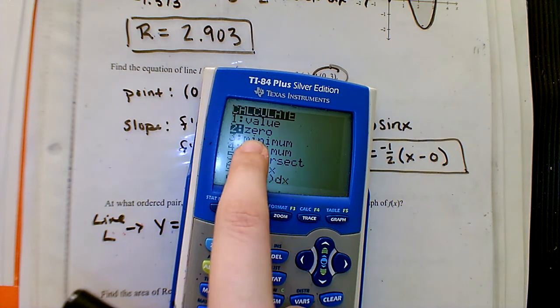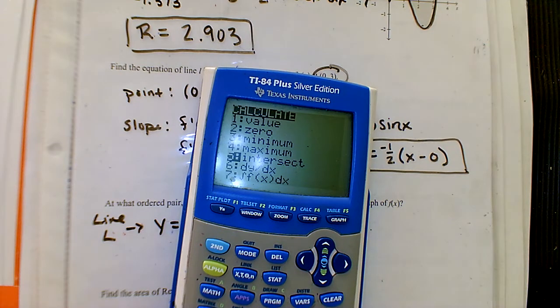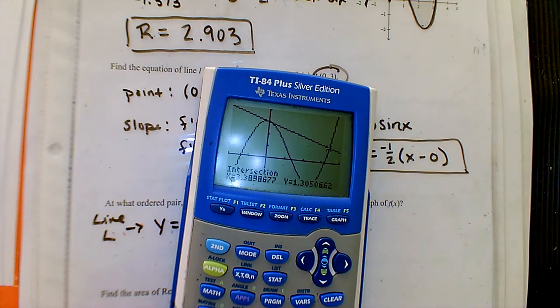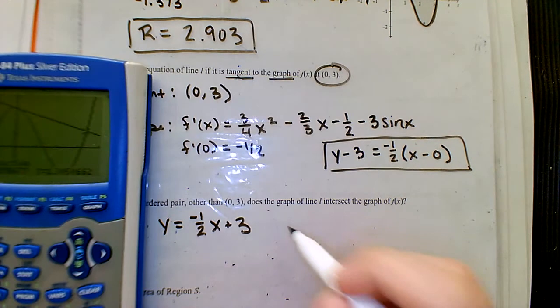Okay, so the same menu where we used the zero function option before, but notice how option 5 says intersect. So we'll go ahead and choose that one. And we're going to move the cursor to where we think the intersection is. And we'll hit enter 3 times. 1, 2, 3. Once that word intersection pops up, you know that's the exact ordered pair. So we'll go ahead and copy down that answer.